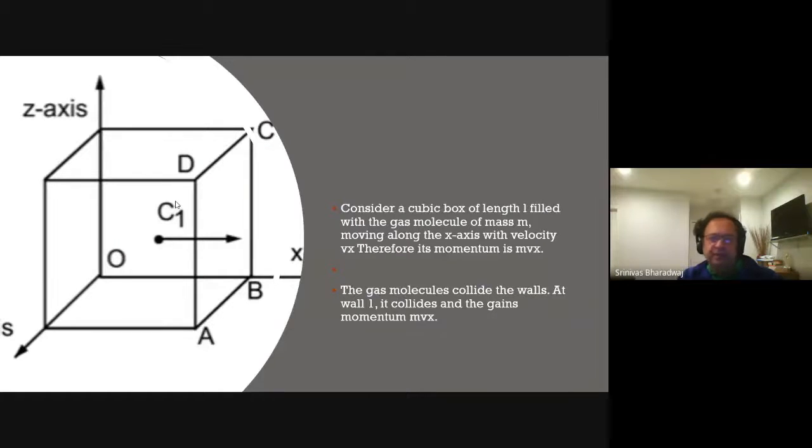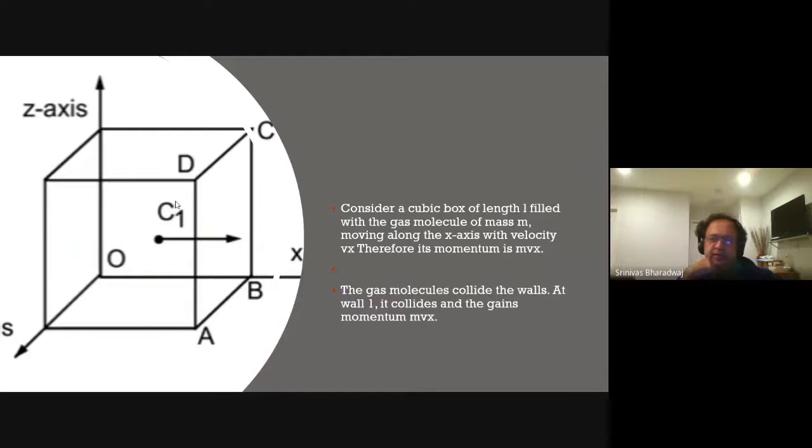So now, to explain the kinetic theory of gases, consider a cubic box of length l with a gas molecule of mass m moving along the x-axis with velocity vx.